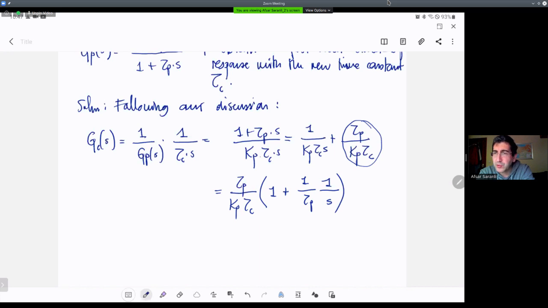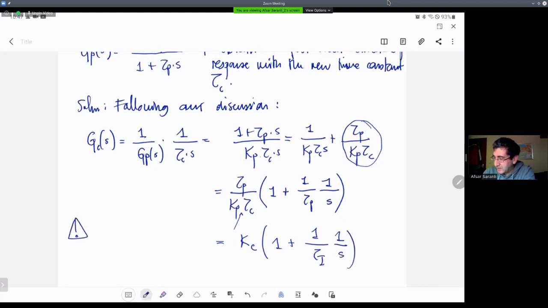It's a PI controller, right? It's a PI controller, in fact, which is in the dependent ideal PID form. You have a common gain over here. Remember, that's our controller gain. So this is like a Kc, which is the controller gain, and 1 plus 1 over tau I, which is the integral time constant, times 1 over s.